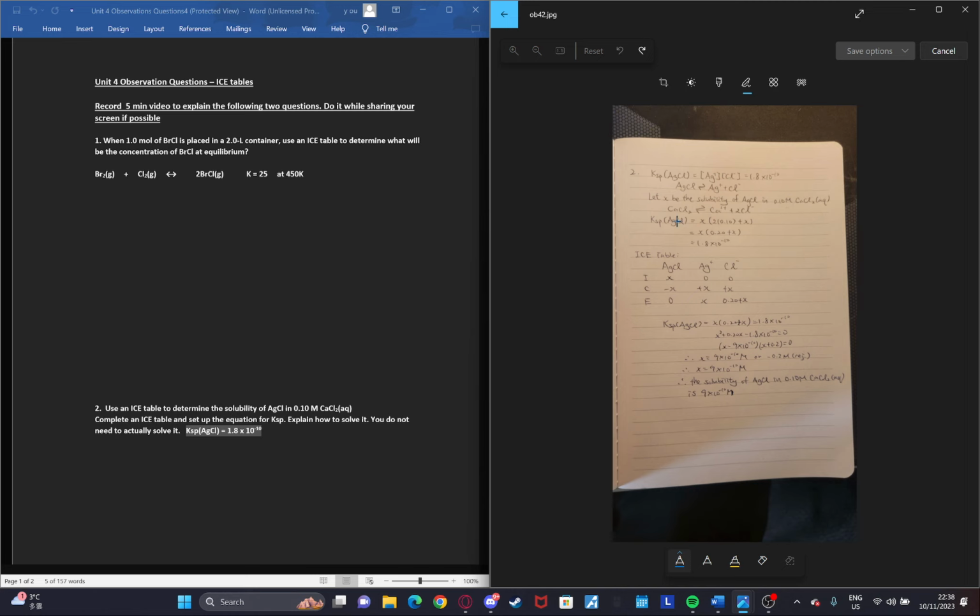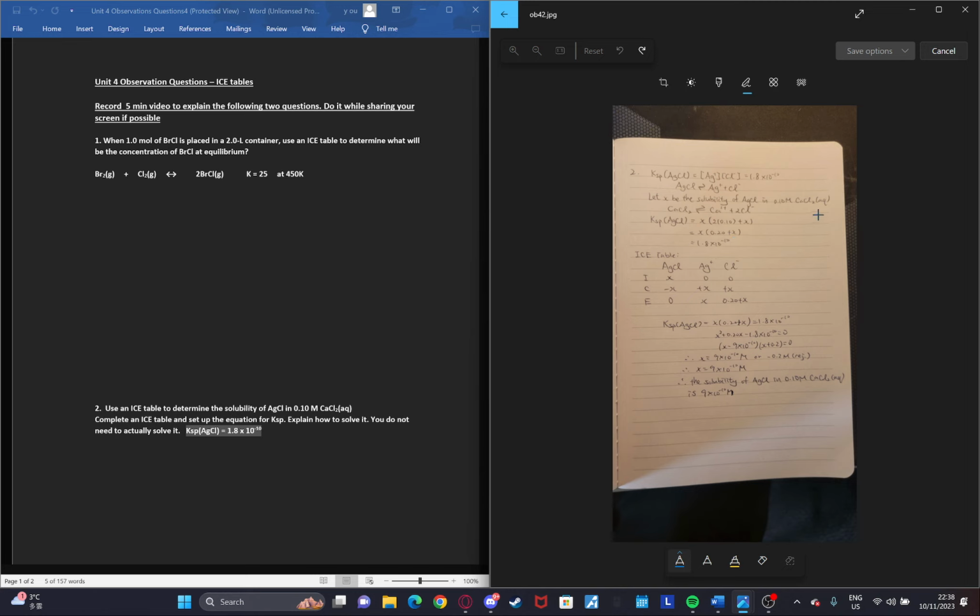And then the Ksp of AgCl is 1.8 times 10 to the power of negative 10. And because these two have the same mole ratio, it's going to be x squared equal to this part because it's going to be the same.